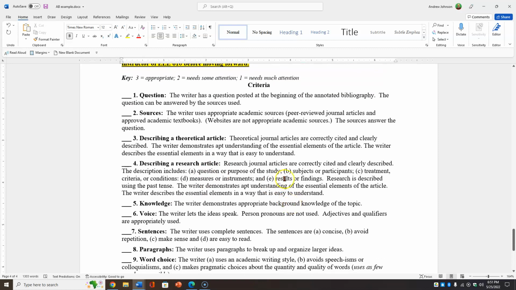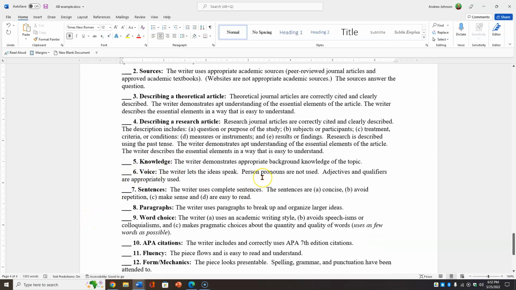So here we go. You're describing a theoretical article, correctly cited, clearly described. You understand the essential elements of the article, and you describe them in a way that's easy to understand. And if it is a research article, make sure you describe those things using past tense. Demonstrate that you understand the essential elements. Knowledge. Did you demonstrate appropriate background knowledge?